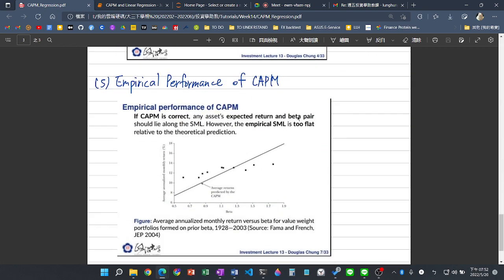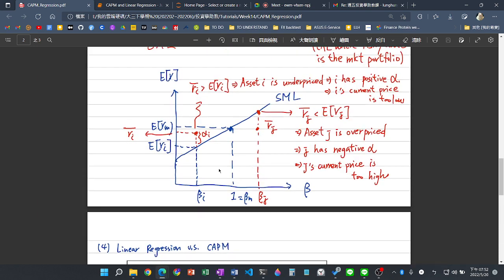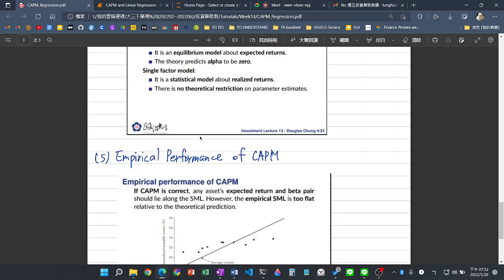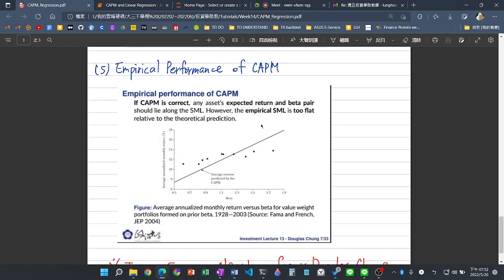Okay, so the last part talks about the empirical performance of CAPM. If the CAPM is correct, then the expected return and the beta should lie along the security market line, right? Just like what I draw here, the blue line is the security market line. But empirically, the SML is just too flat. This is the true data we used here, and that also links to what the professor said in class.